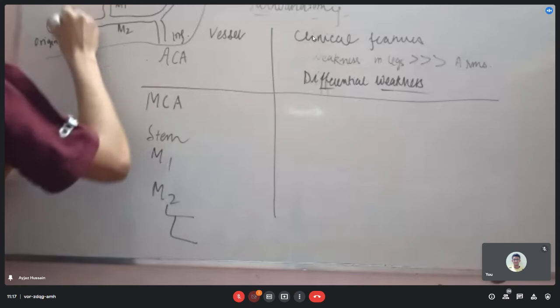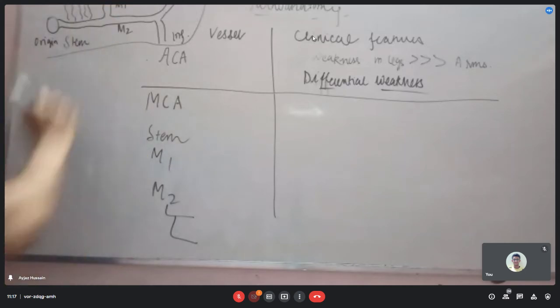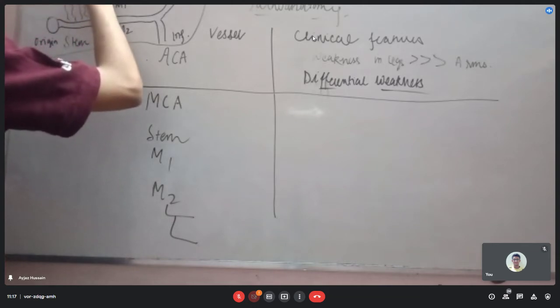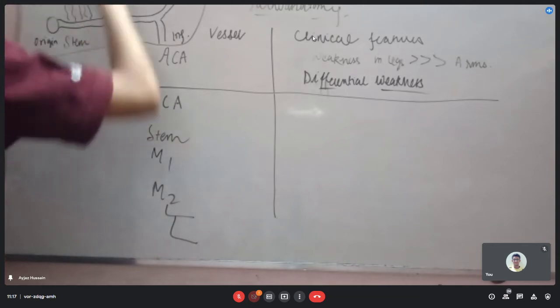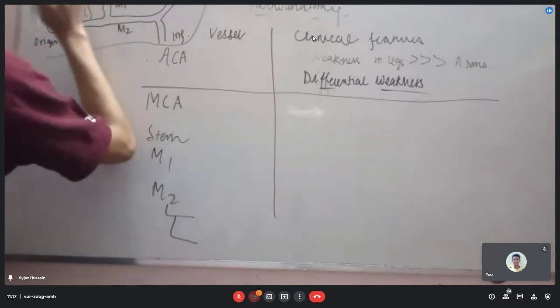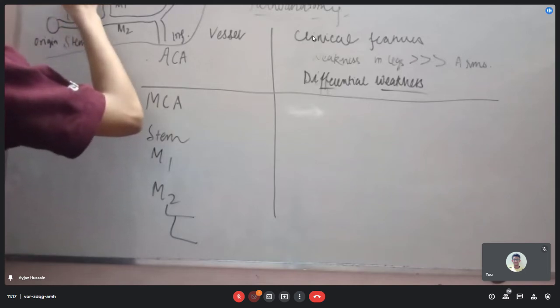Further complicating it, the stem will give some very thin branches, which are called the lenticulostriate branches. Very, very important when you talk about lacunar strokes.